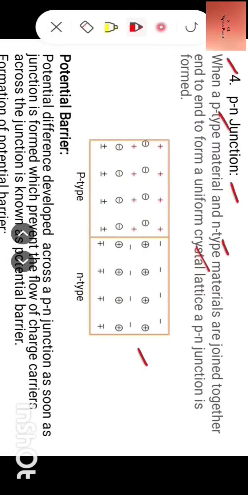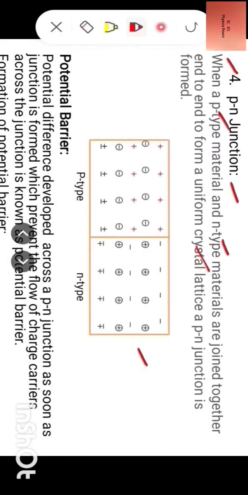In n-type material, we have majority electrons shown by minus sign, positive ions shown by plus in circles, and minus plus are the electrons and holes due to thermal agitation.